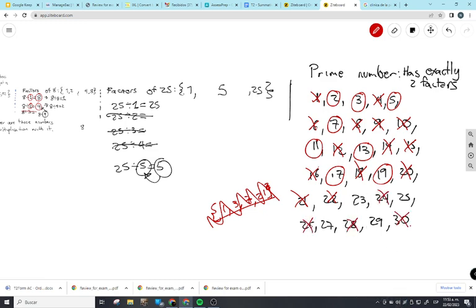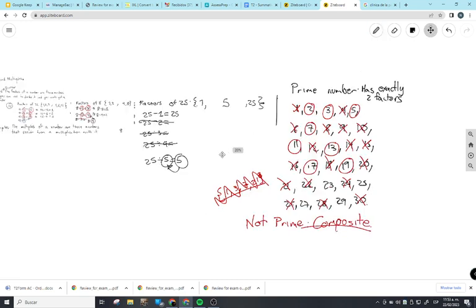But now, think about the other ones: 23, 25, 27, 29. Which of those are prime and which not? Okay? Think about it for yourself. That's a challenge for you. By the way, the numbers that are not prime are called composite. Okay, don't forget this name.